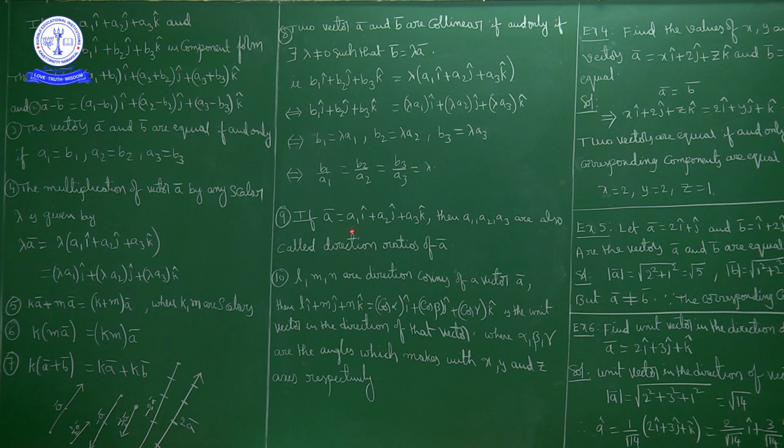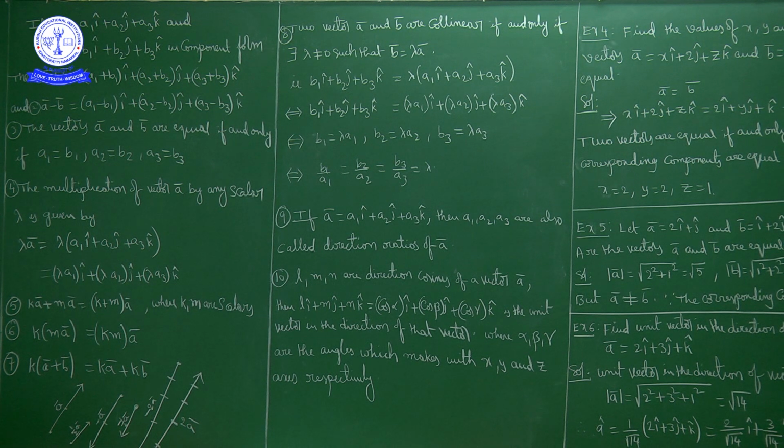If A bar is equal to A1 i cap plus A2 j cap plus A3 k cap, we already discussed this point. If we are able to write A bar in component form as A1 i cap plus A2 j cap plus A3 k cap, then A1, A2, A3 are also called direction ratios of vector A bar.